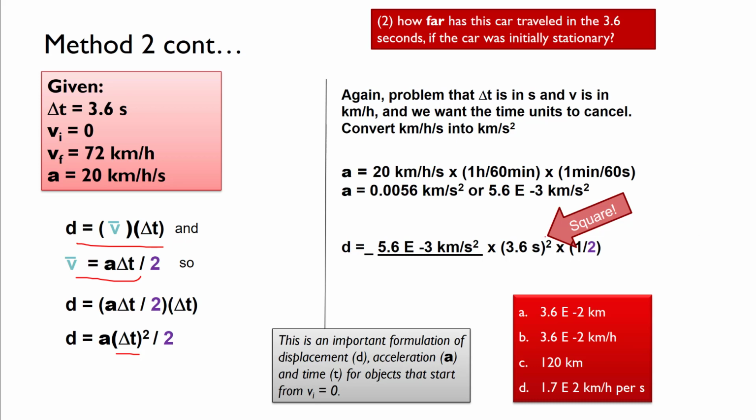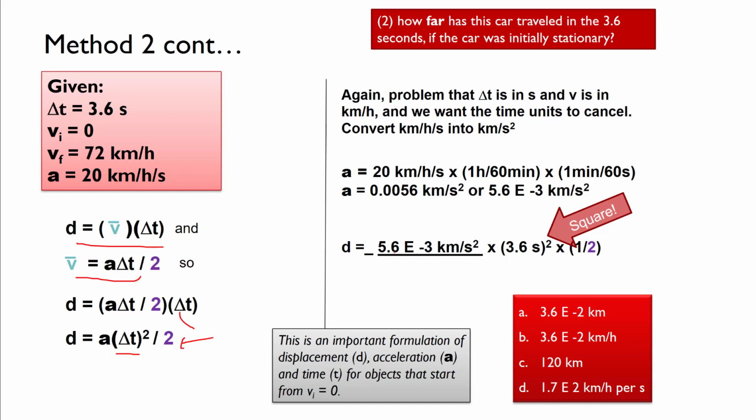So we've done this before. 20 kilometers per hour per second can be multiplied by 1 hour over 60 minutes by 1 minute over 60 seconds. That leaves us with 0.056 kilometers per second squared, or you can write that as 5.6 times 10 to the minus 3 kilometers per second squared. Going to our distance relationship right here, we can plug that in.